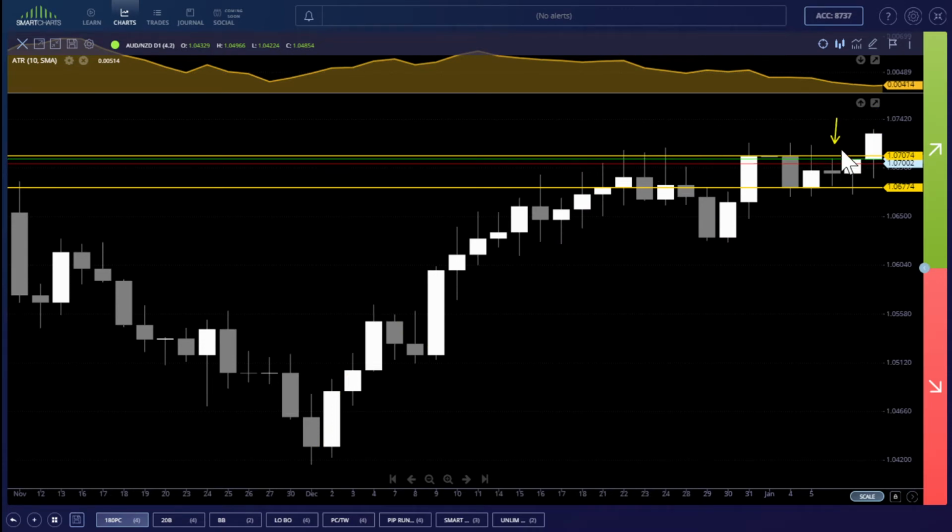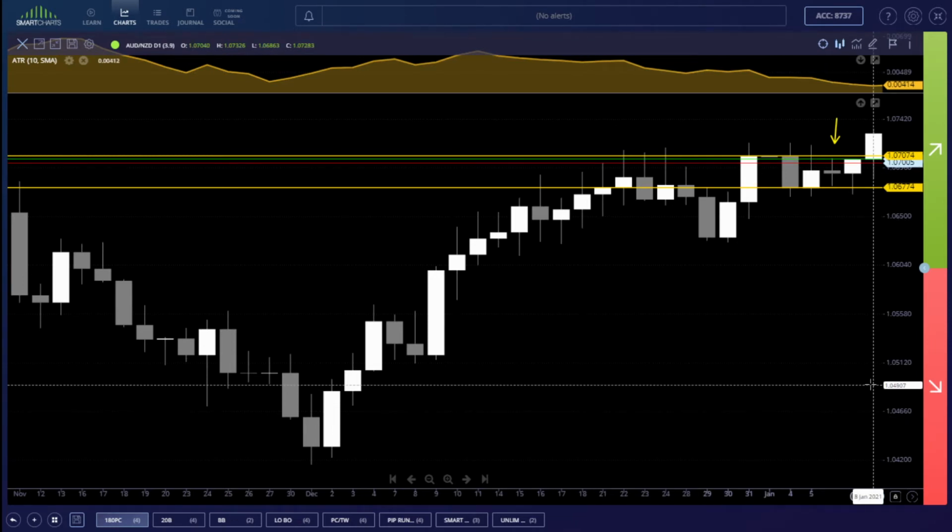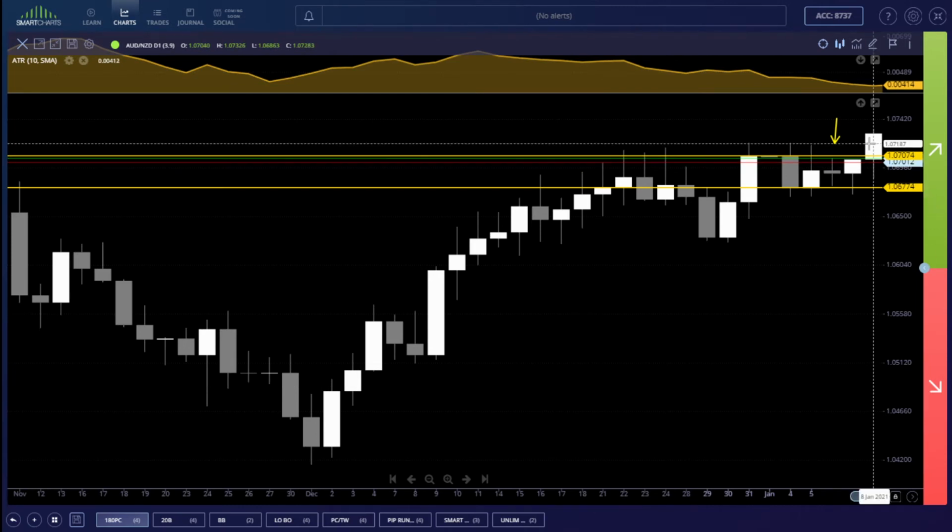So for me, if this was the day, let's have a look. This was January 8, you can see down the bottom. So that means on January 9, Aussie New Zealand is on my radar. I know where I want to be taking a phase change signal from, if I want price to pull back and react off this level.